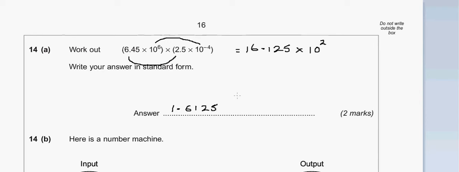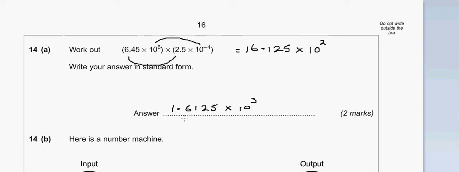So to do that means that we would need to raise this by 1 power, multiplied by 10 to the power of 3. If you look at it logically, 10 squared is 100, so it's this multiplied by 100. So this multiplied by 100 will give me, the decimal point moves twice, so I would get 1612.